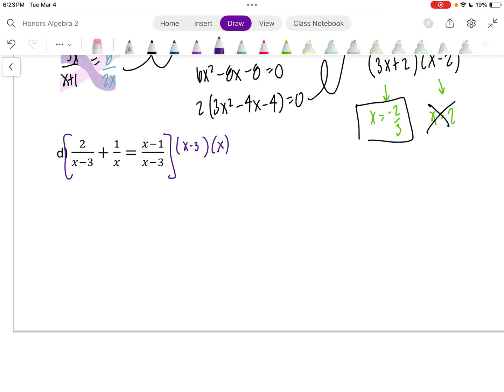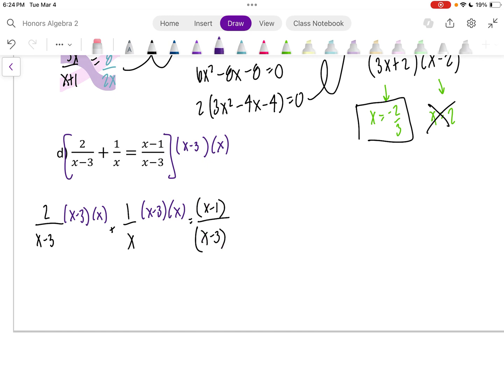So then when you do this here, I'm going to do 2x minus 3 times x minus 3 times x plus 1 over x times x minus 3 times x equals x minus 1 over x minus 3 times x minus 3 times x.